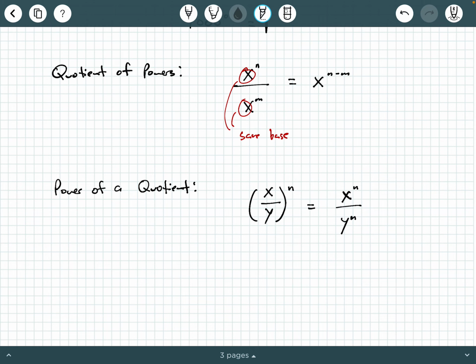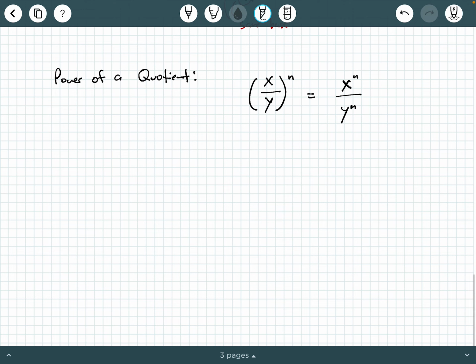And then the last property here is exponent fractions. That would be like if you have x raised to the n over m, that would be written as the mth root of x to the n power.